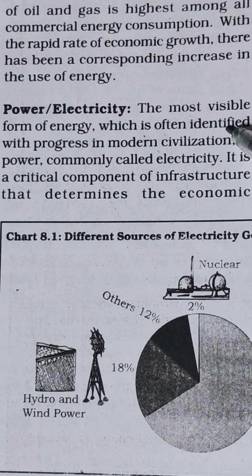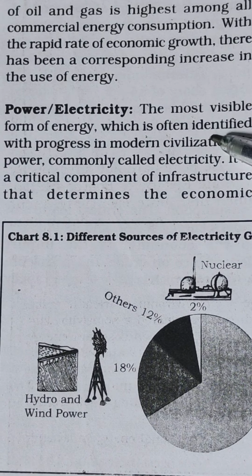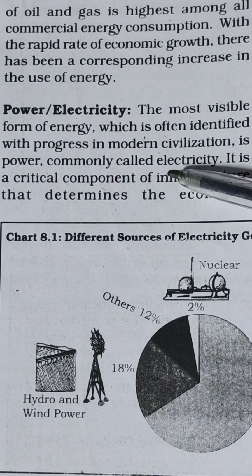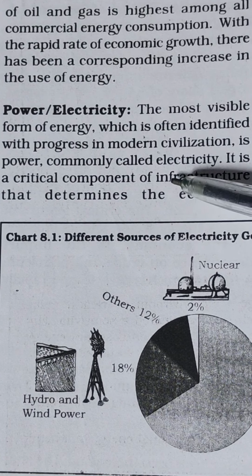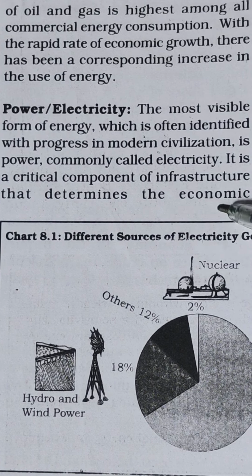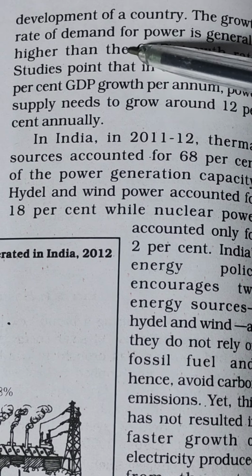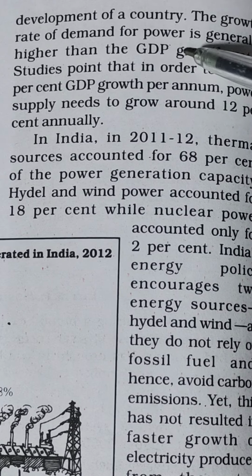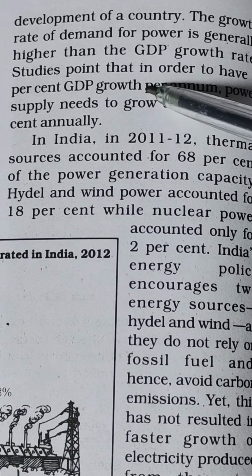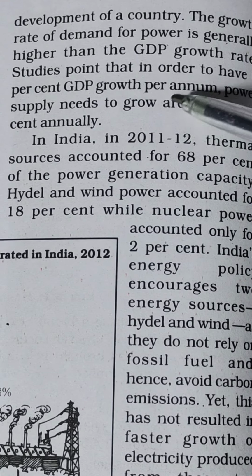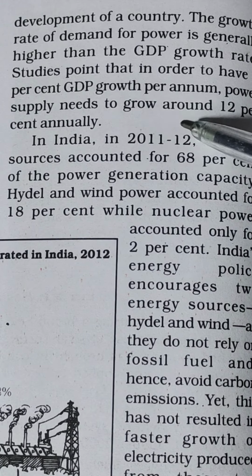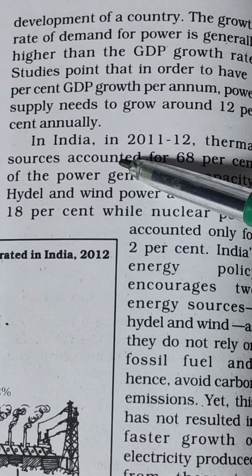Power, electricity, the most visible form of energy which is often identified with progress in modern civilization, is power, commonly called electricity. It is a critical component of infrastructure that determines the economic development of a country. The growth rate of demand for power is generally higher than the GDP growth rate. Studies point that in order to have 8% GDP growth per annum, power supply needs to grow around 12% annually in India.